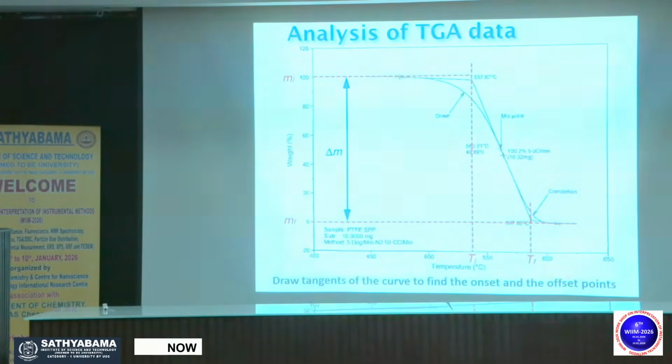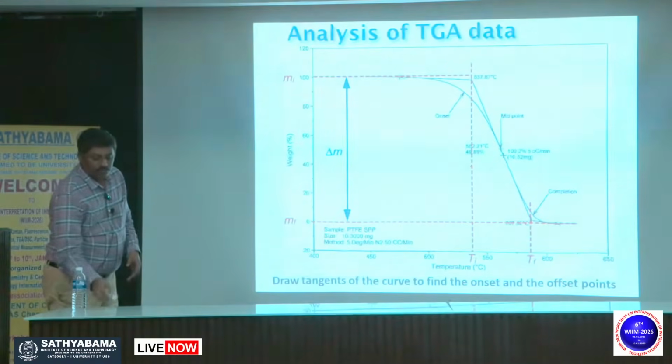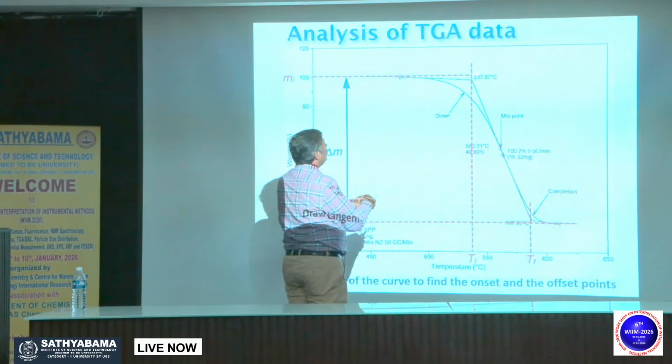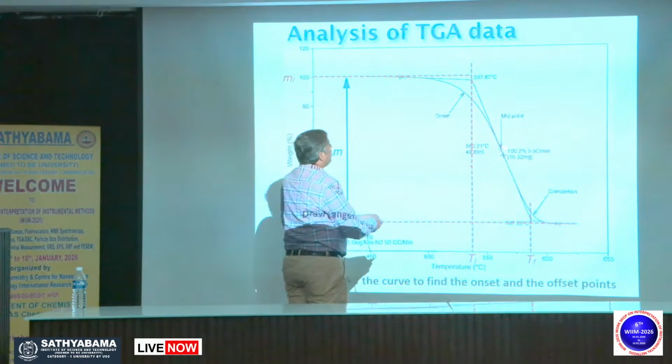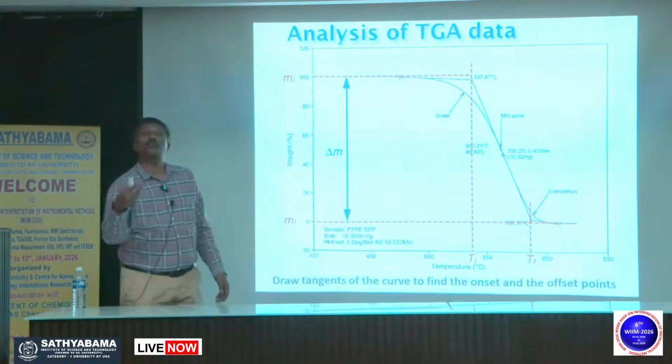It is 10%, I think. So T10 is 537. The midpoint is 562. So it depends what you write.